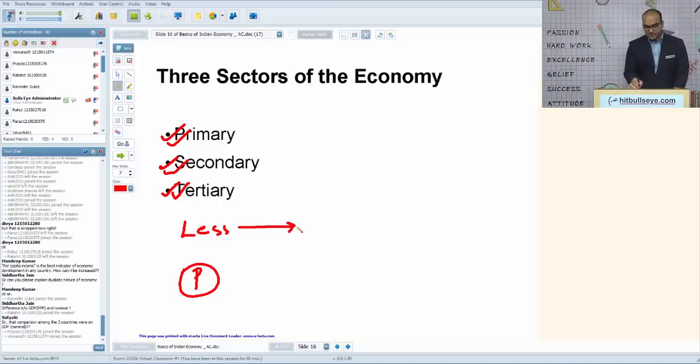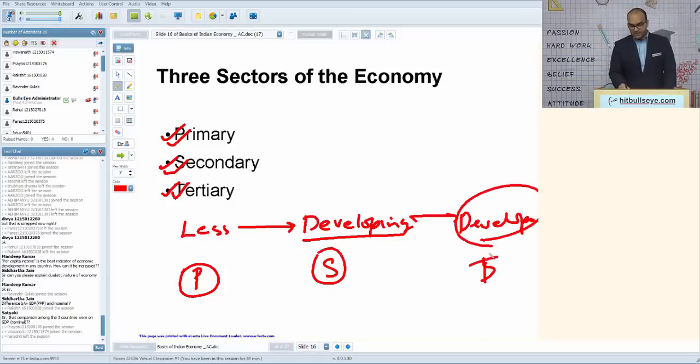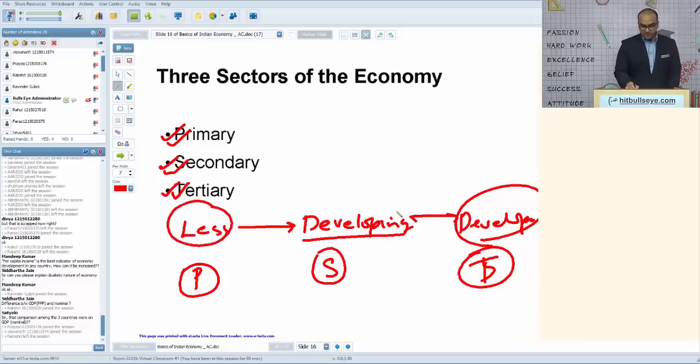As the economy develops and becomes a developing economy, slowly but surely, the secondary sector or the manufacturing sector dominates the economy. And as we saw in the case of USA, which is a developed economy, the tertiary sector tends to become more dominant as far as contribution to the economy is concerned.